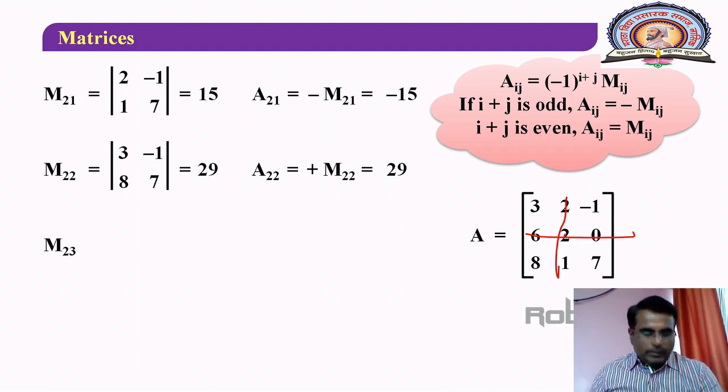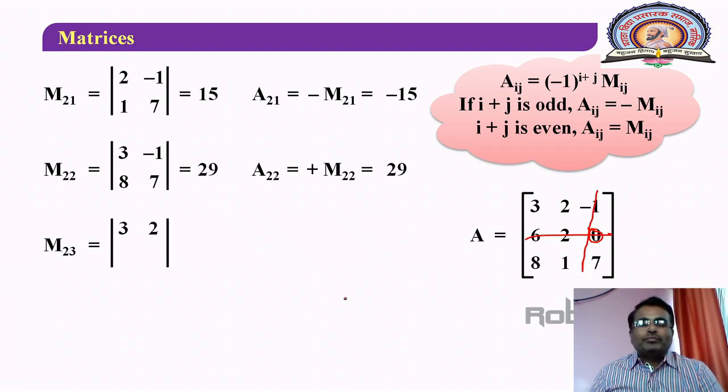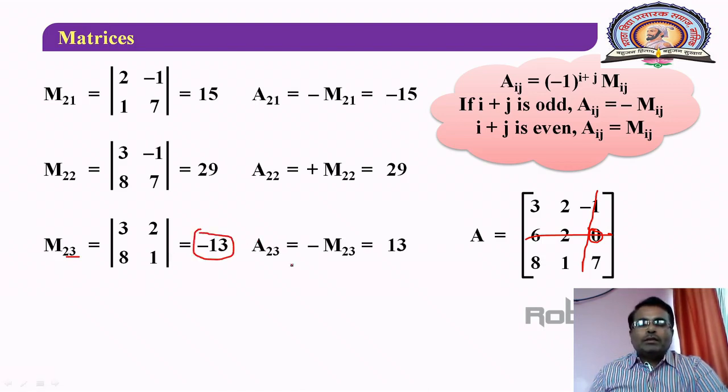So 2 plus 2 is even, therefore M22 stays as it is, 29. M23: for this element you have to delete its row and column. So 3281 will be your next determinant. Is it clear? So 3 minus 16 is minus 13. Now as 2 plus 3 is odd, you will get minus M23, that is minus of minus 13, which is plus 13.